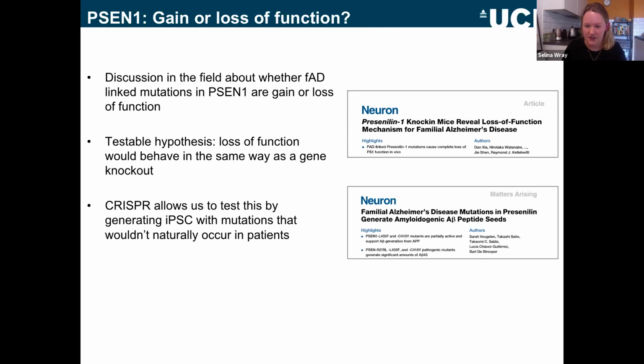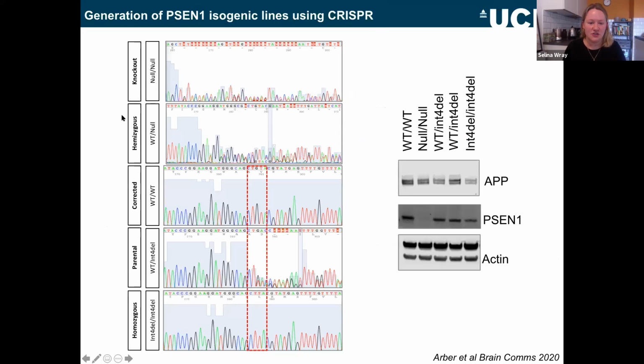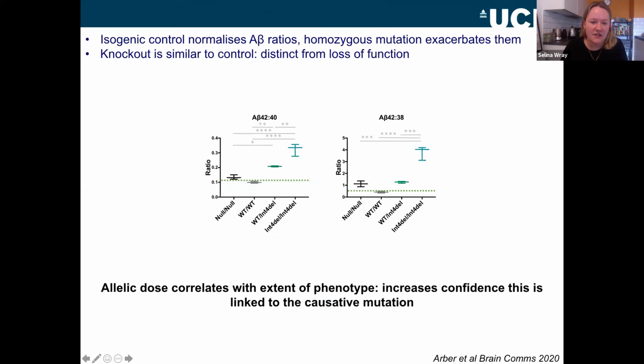And again, this is just showing that we were able to use one of our patient lines to make a wild type isogenic control, a homozygous version of the mutation that wouldn't naturally occur, and also a gene knockout for the presenilin-1 protein, which you can see here. And again, just going through this very quickly because it's published data, the citation is here.